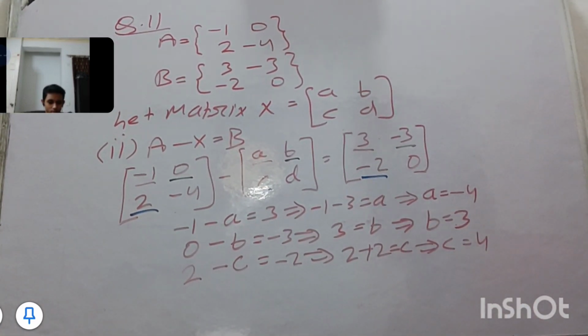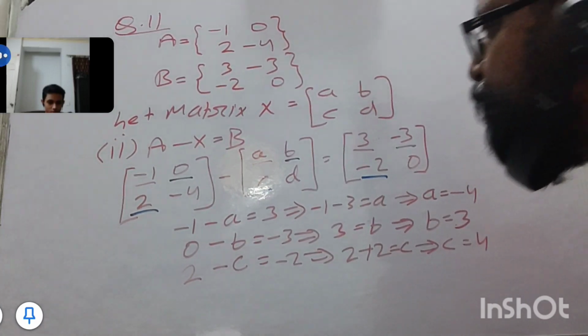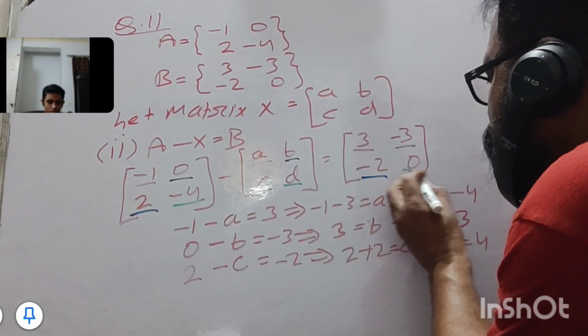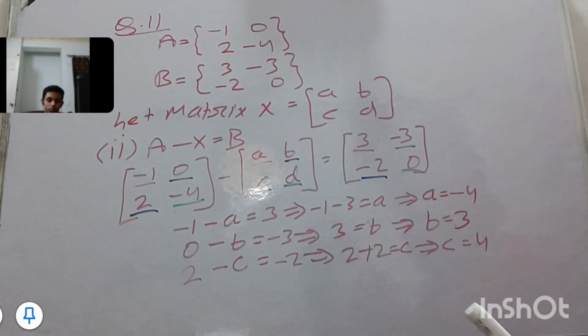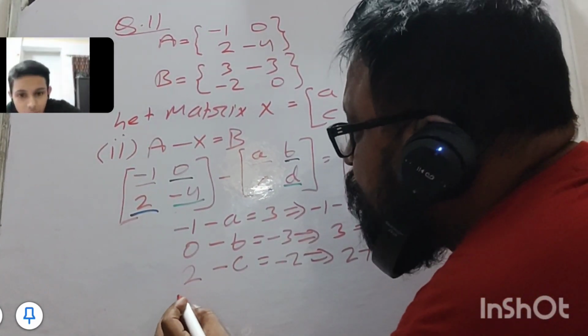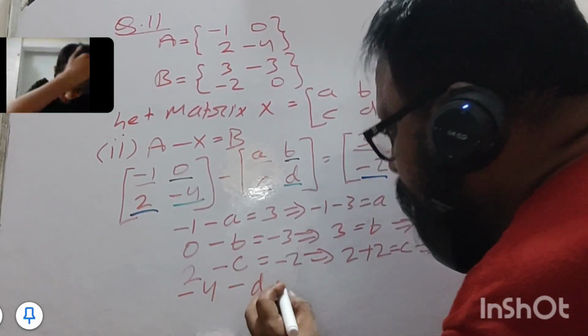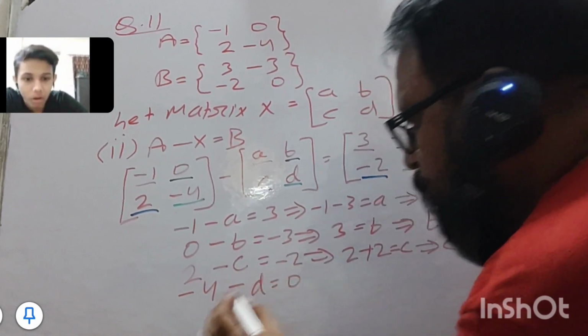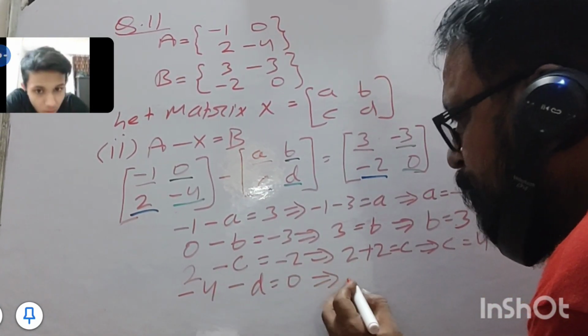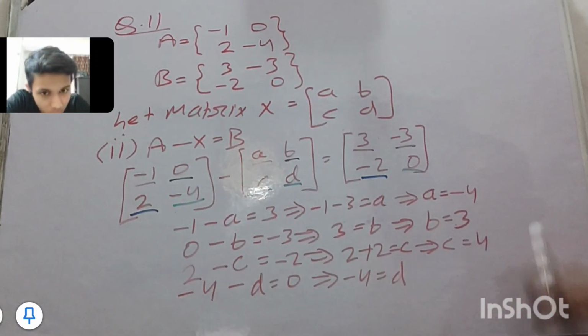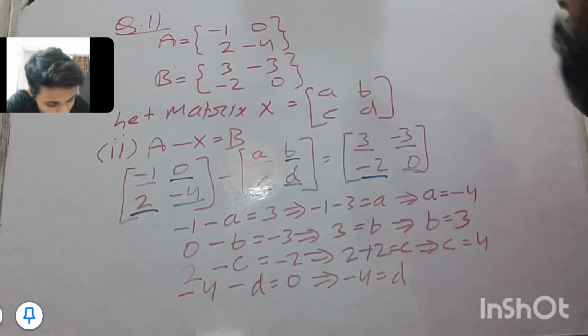And now we will have d: -4 minus d is equal to 0. So we can write -4 is equal to d.